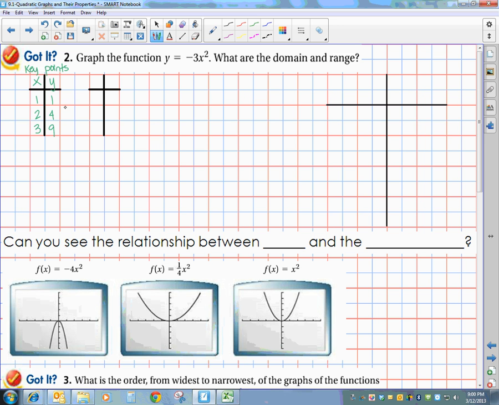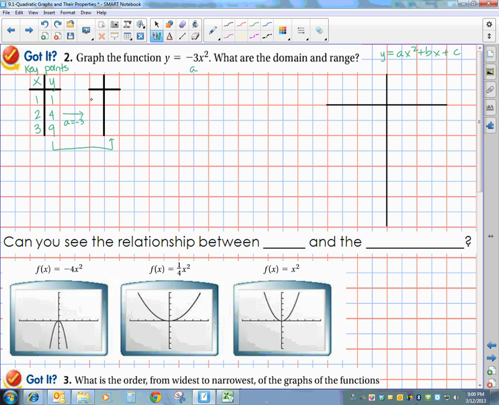And what's going to happen is you're going to go find out what a is. So remember our standard equation was y equals ax squared plus bx plus c. We'll go find out what a is, so hopefully you can see right there that a is -3. So I'm going to write down a equals -3. And that's going to change each of your y values.